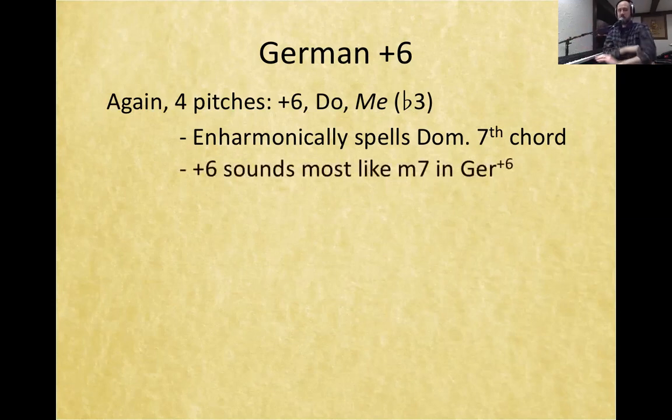So we do need to be aware and careful of the fact that the augmented sixth sounds the most like the interval that we would more easily mistake it as, the minor 7th, when it's here in the German augmented sixth. If I could do the Pretty Woman's, right? But we can hear that, and we would expect it to be like a minor 7th and resolve down instead of going like that.